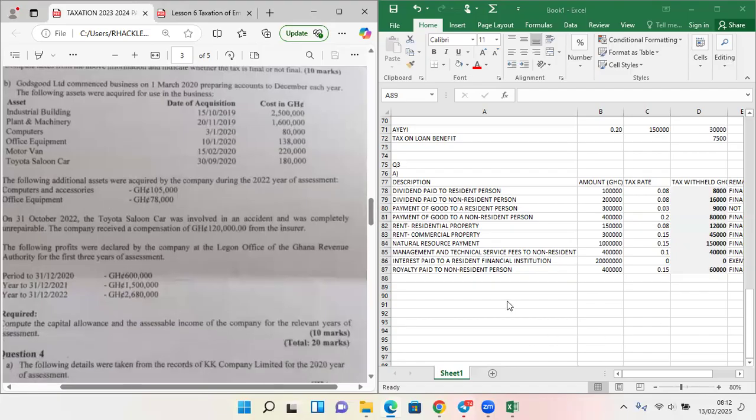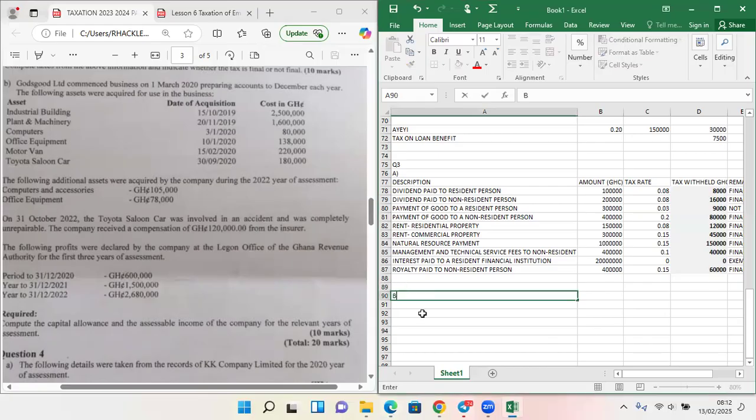So let's do this right now. Let's create a table.